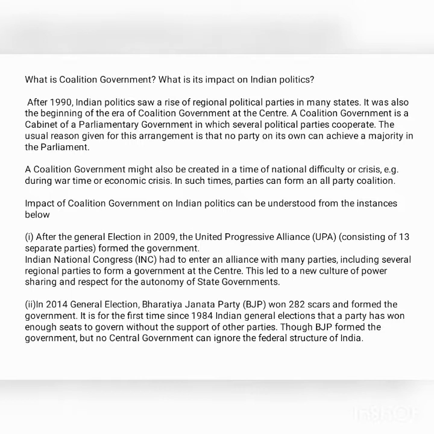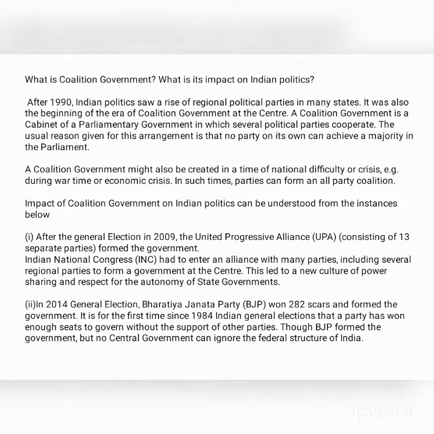First one, after the general election in 2009, the UPA government, United Progressive Alliance, headed by Congress, formed the coalition government. So INC had to enter an alliance with many parties, including several regional parties, to form the government.